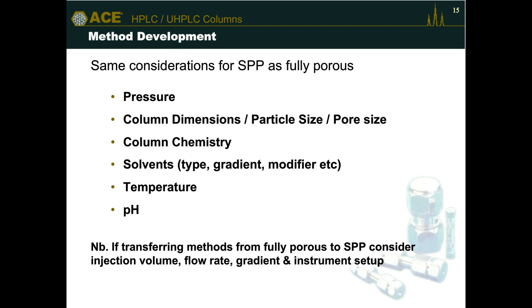Can I use an HPLC system, or do I need to use the UHPLC system? What size column am I going to choose? And there's differences because I'm looking at a solid core phase compared to a fully porous. So it's not the 3, 5, 10 micron that we've historically had. I've got some differences in particle size, pore size.